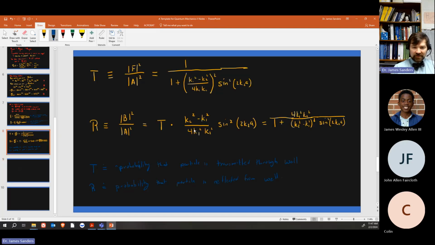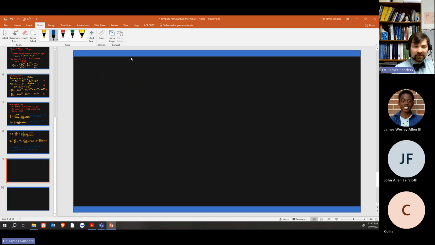Now, recall that k1 and k2 were actually just functions of energy, and in fact both the total energy E and the potential energy V naught.